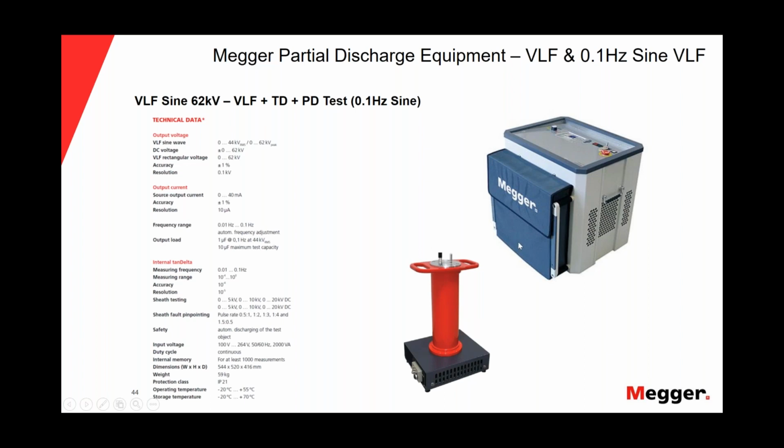So this is the biggest sinus BLF we have, our BLF sinus 62, and it is a very nice unit because the cable is integrated in the unit, also the partial discharge, so it's a very convenient unit.